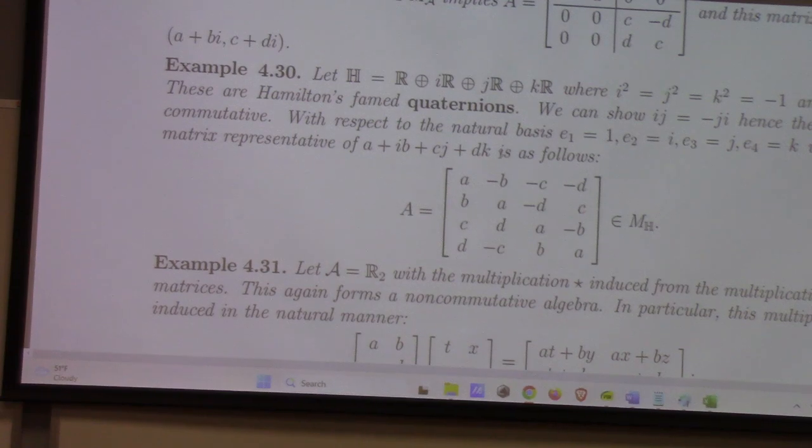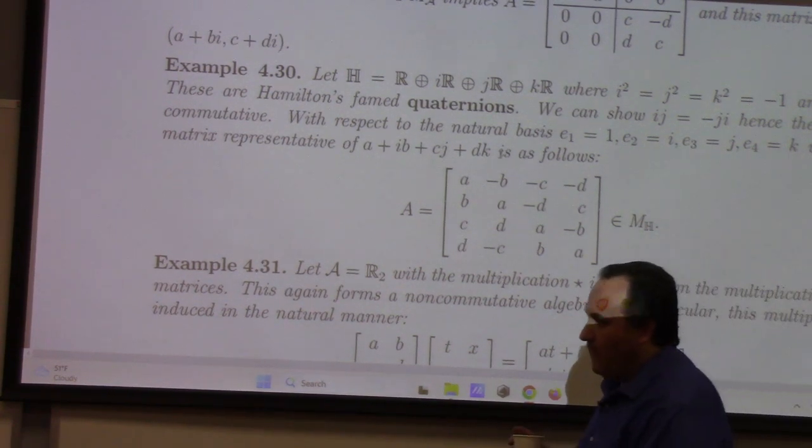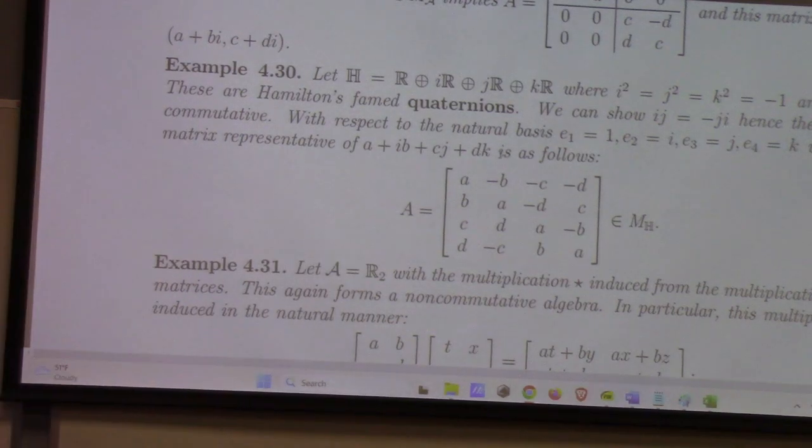What do you think the length of the quaternion should be? If I give you the vector ABCD, what's its length?